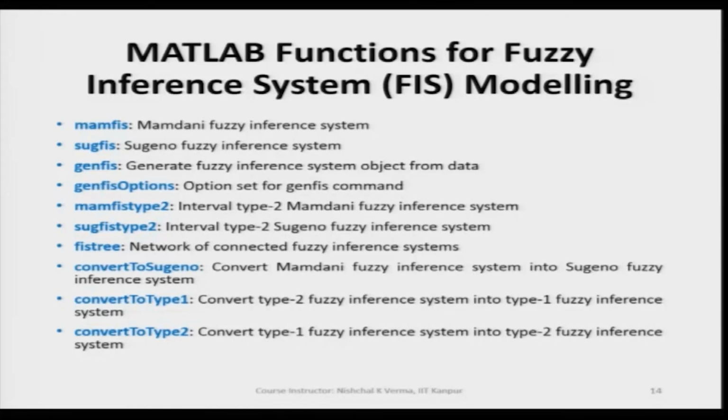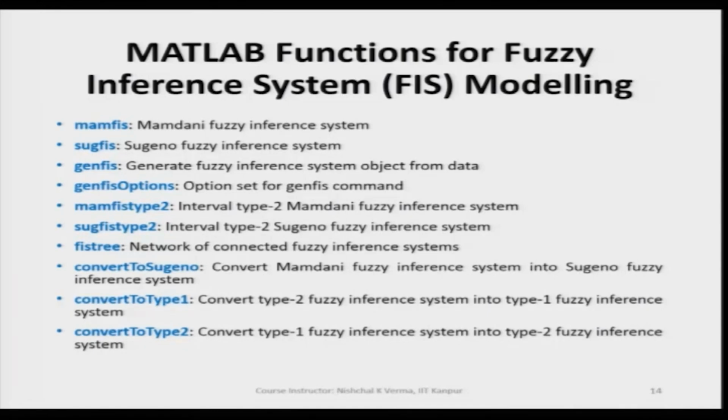So, I will just read these functions, like genfis and then genfisOptions, mamfis type 2, sugfis type 2. So, type 2 means the fuzzy system is actually divided into two types. So, first is type 1 and then type 2.